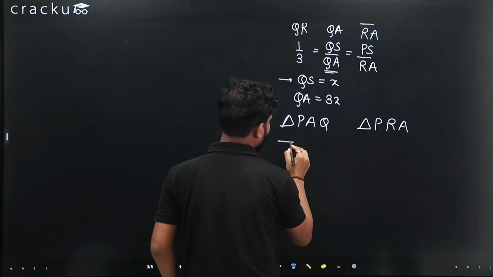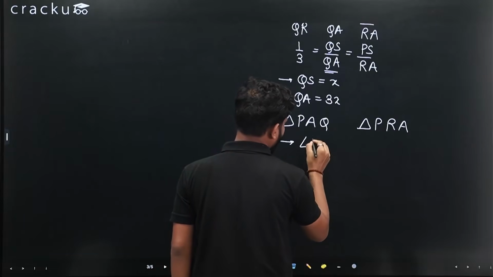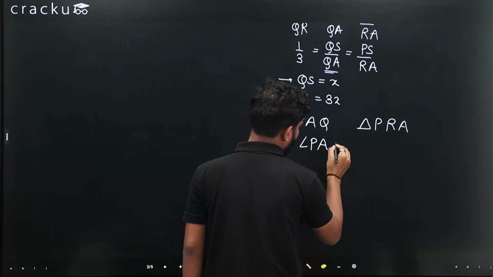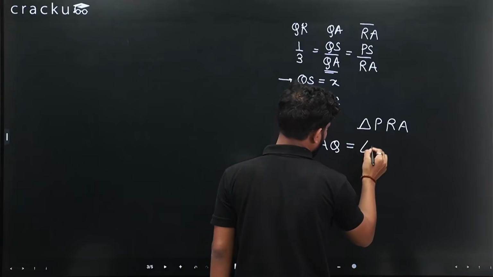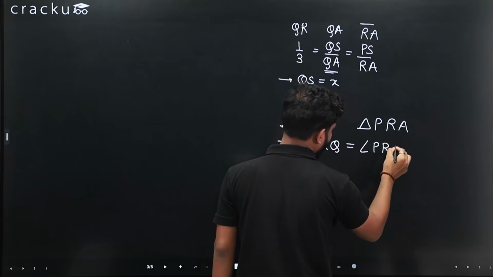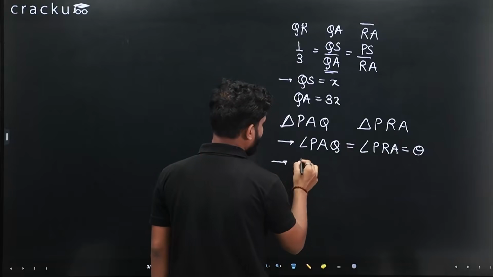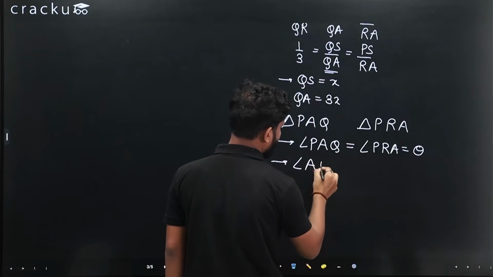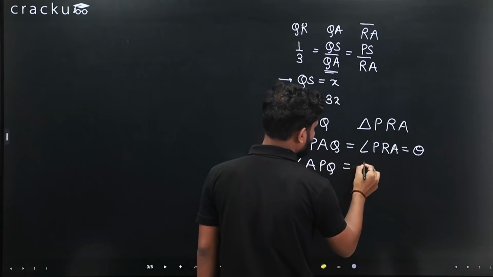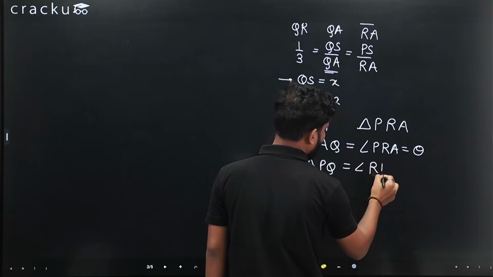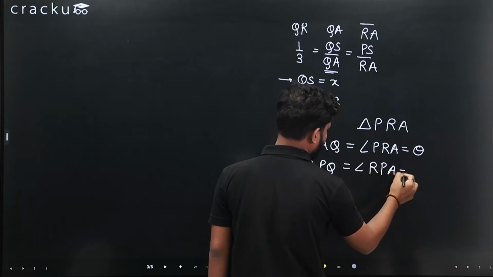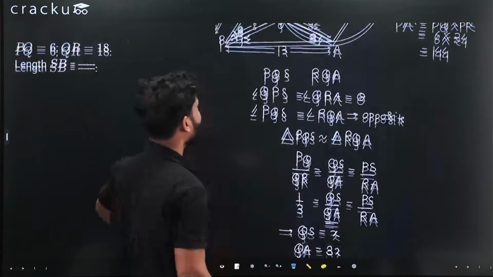So in these triangles, angle PAQ is equal to angle PRA. Both are theta. And angle APQ is equal to angle RPA. Why? Both of them are alpha.